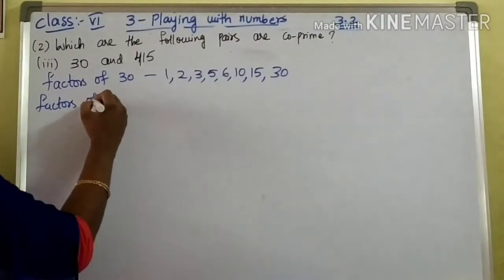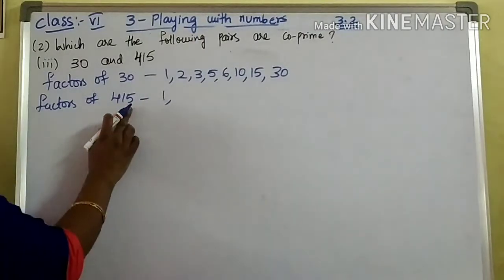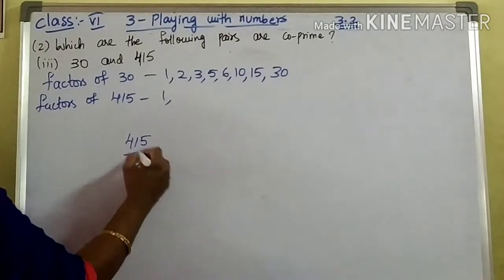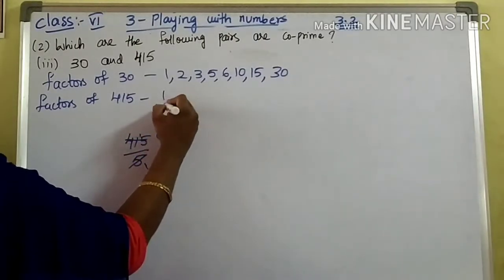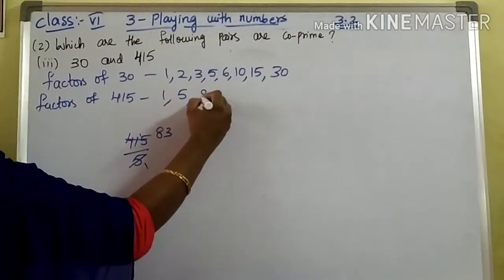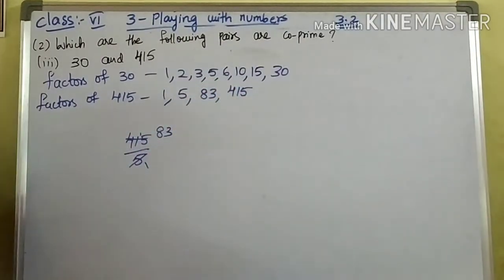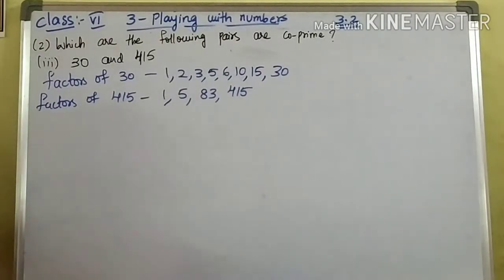Factors of 415: it will go in the 1 table and it will also go in the 5 table. 5 how many times will it go? Do cancellation with 5. 5 8s are 40, 83 times. So 1 time 415, 5 times 83. So only 4 factors for 415. Right. Next, we will see what the common factors in these two are.